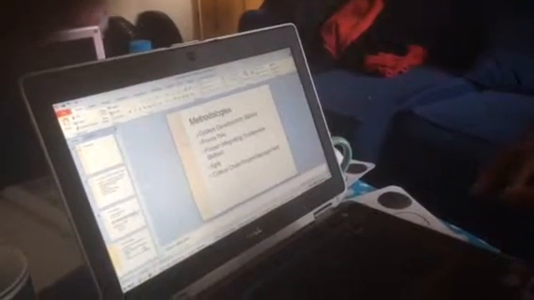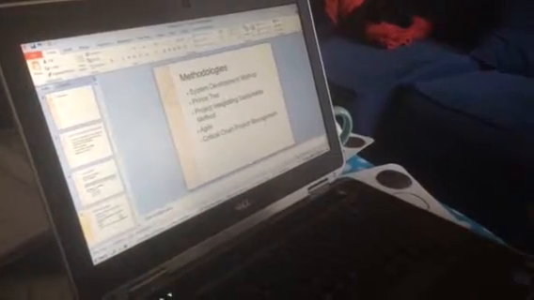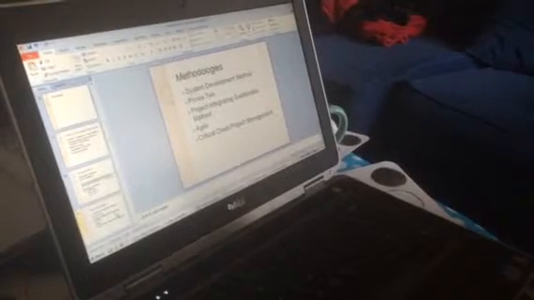When we go hunting for the right methodologies to implement, a search should be done. What are the possible methodologies available in the market?